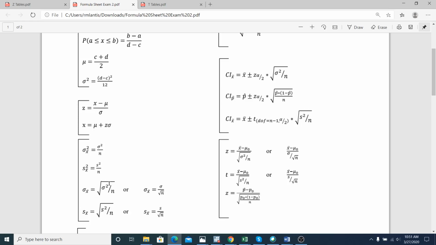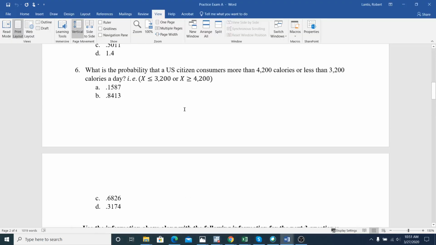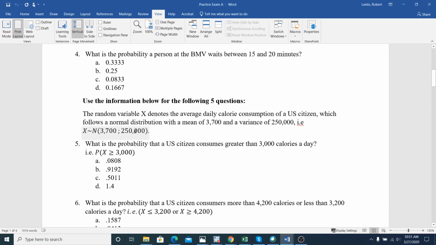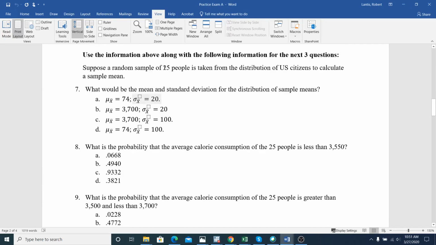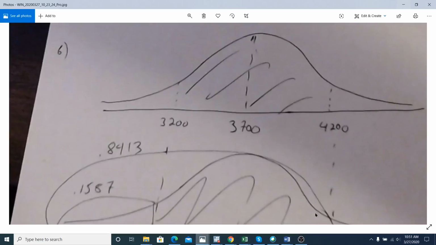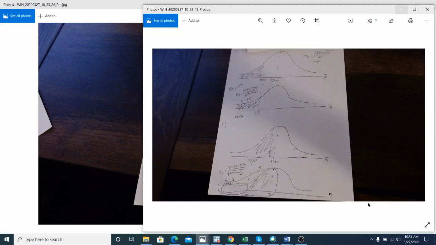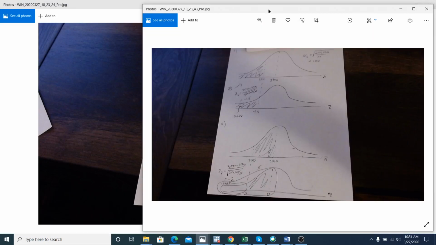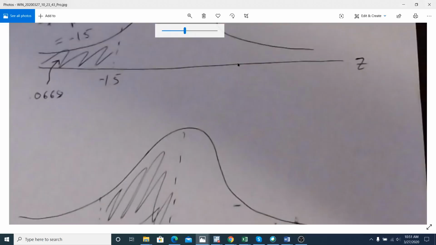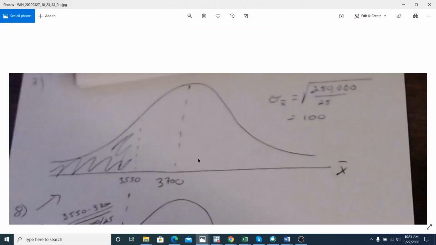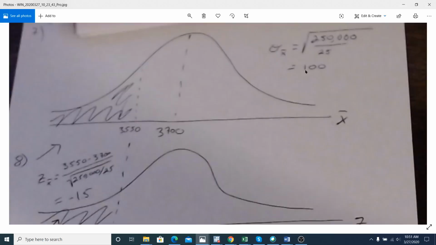So we look at the original variance of 250,000, divide that by 25, and then take the square root. If I do that, I should get 100. So I've got this standard deviation of 100.